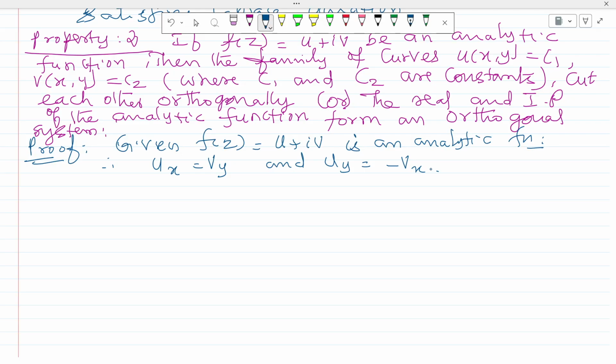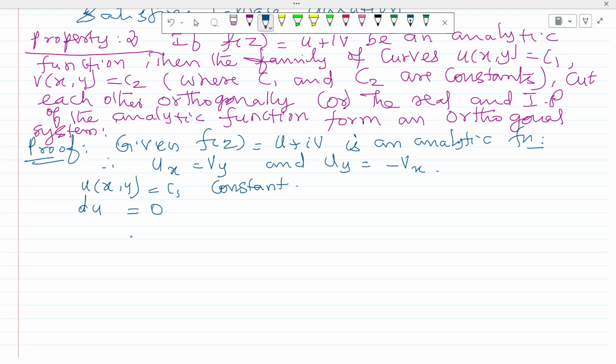Now, here given that u of x comma y equal to c1, it is a constant. If u of x comma y equal to c1 is a constant, then du equal to 0.